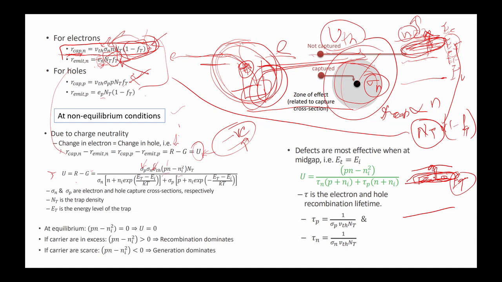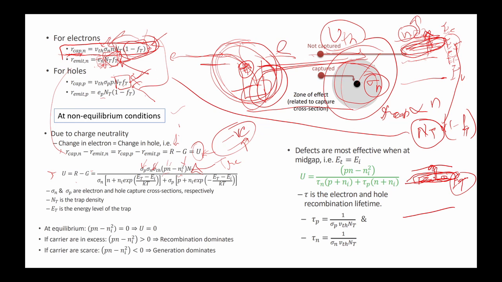P is the concentration of holes and N is the concentration of electrons in a semiconductor, and Ni is the intrinsic carrier concentration, and Nt is the trap density. This is the trap density, not the electrons in the traps.